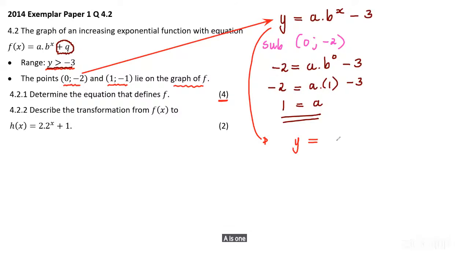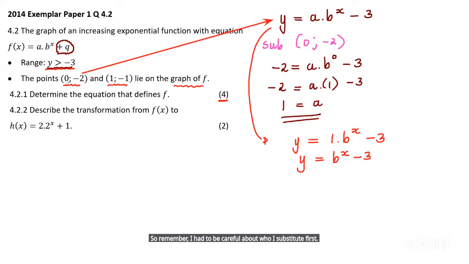So currently, you have a as 1, b unknown, to the power x minus 3. That's my story currently. Now, this can also be written as just b to the power x minus 3. I mean, 1 times anything does not really change it. So remember, I had to be careful about who I substitute first.